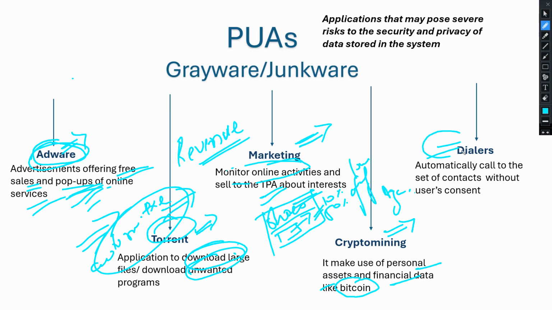If you have installed a dialer in your system, that dialer will automatically start calling your contacts without your consent. So adware, torrent, marketing, crypto mining, and dialer. These all are the applications that may pose severe risk to the security and privacy of data stored in the system.